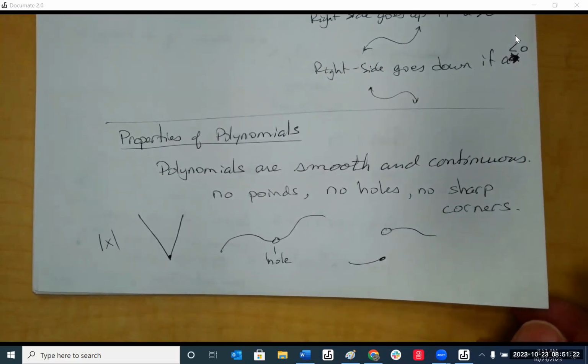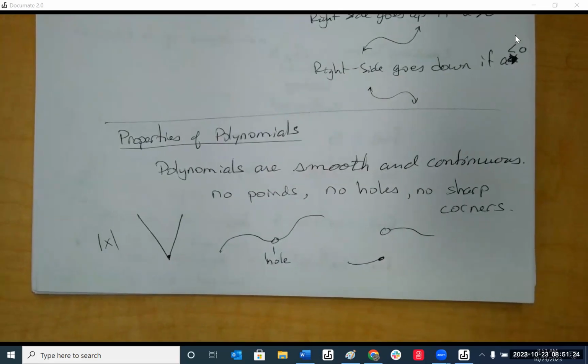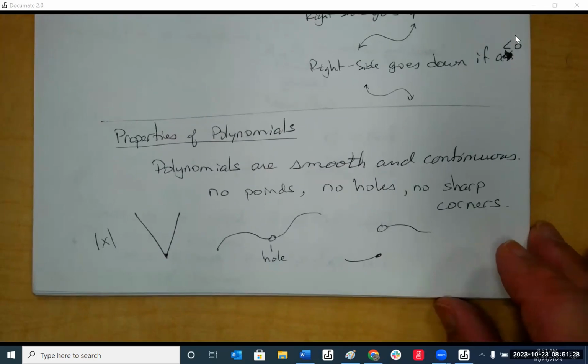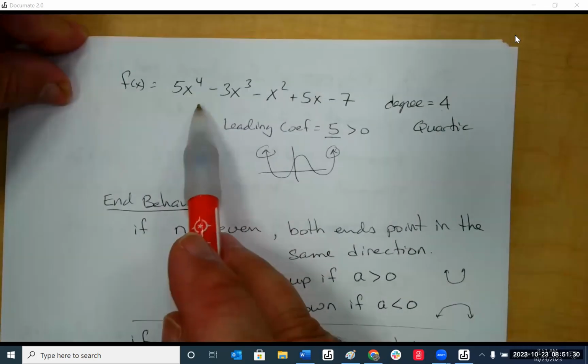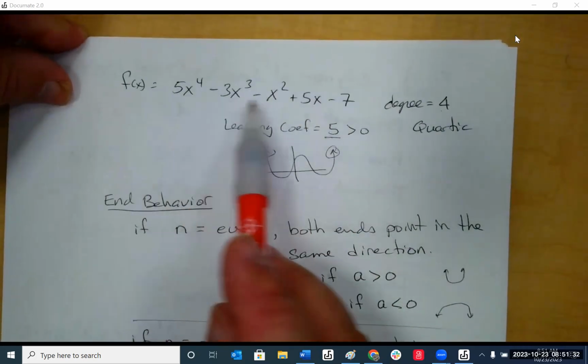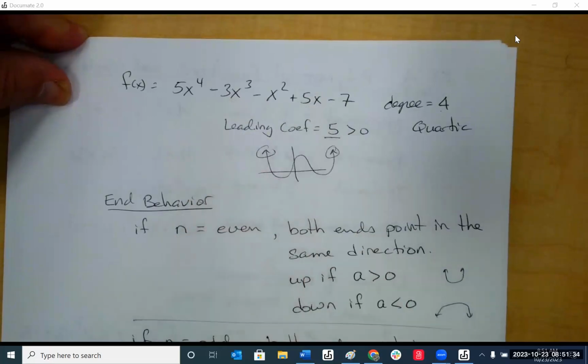Because our goal for this chapter is I can give you any size polynomial like this, you'll be able to graph it. That's the goal for this chapter.